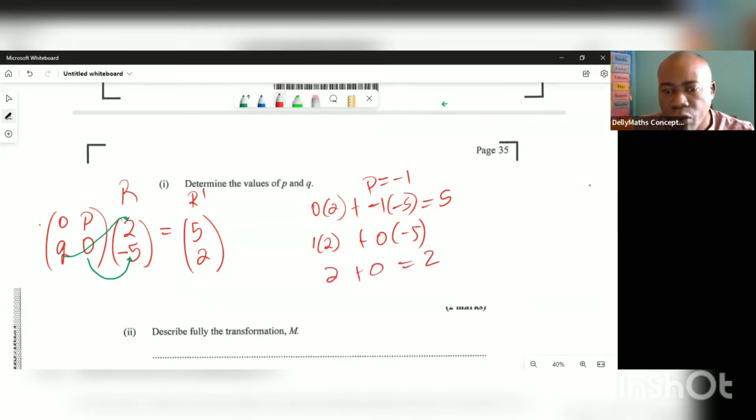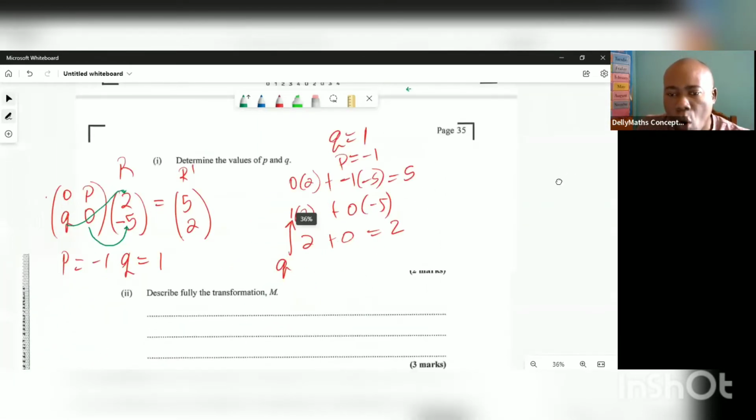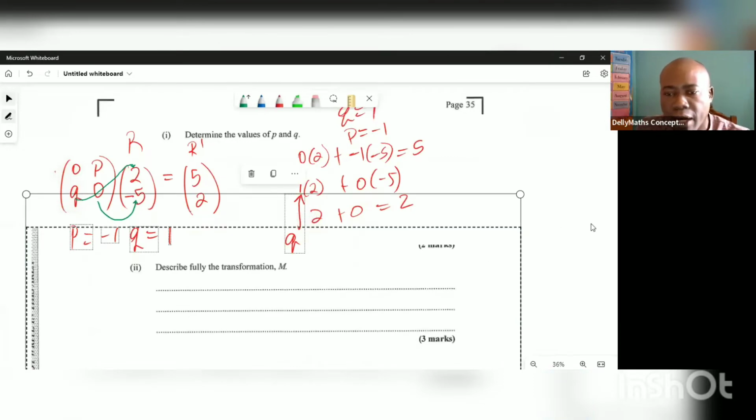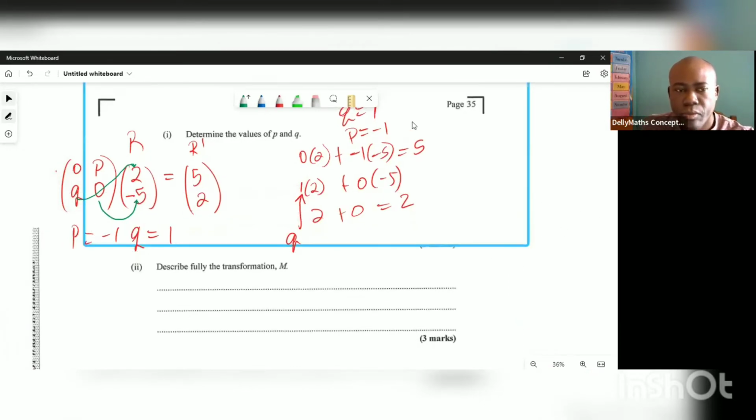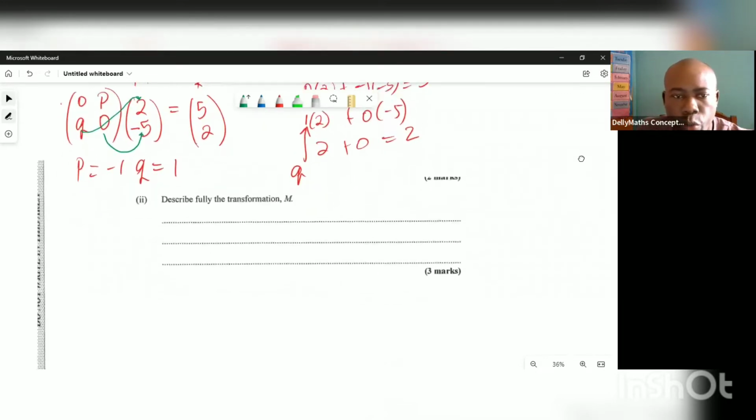I need 2, so I'm suggesting that this Q is 1. So you could see that P is -1 and Q is +1. Simply apply yourself to it, work yourself out, and collect those marks. There we have found the values for P and Q.